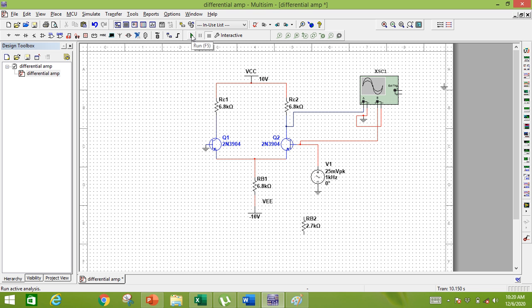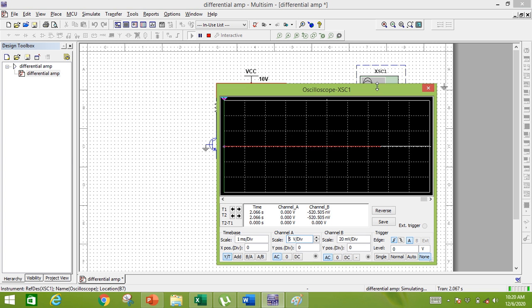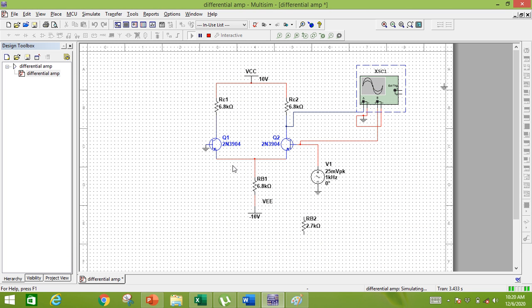If I run this circuit, अगर मैं इसी circuit को run करता हूँ, so I think there is some problem in this circuit.